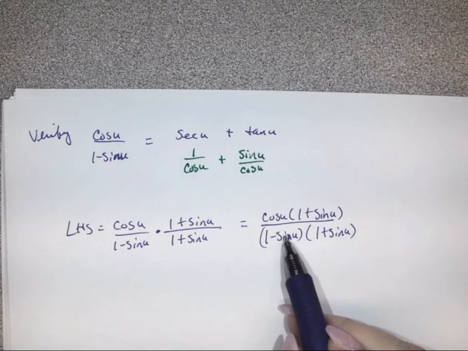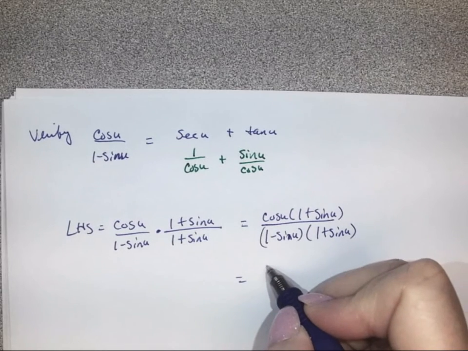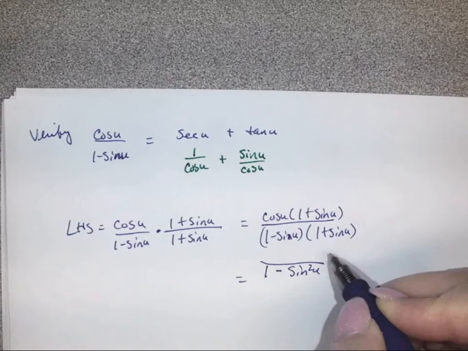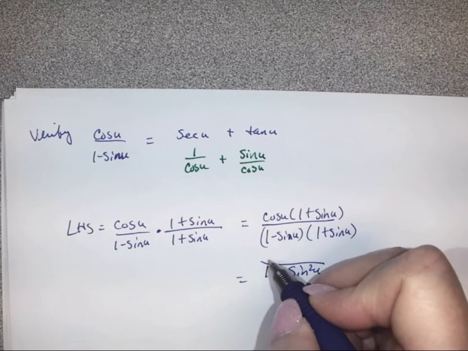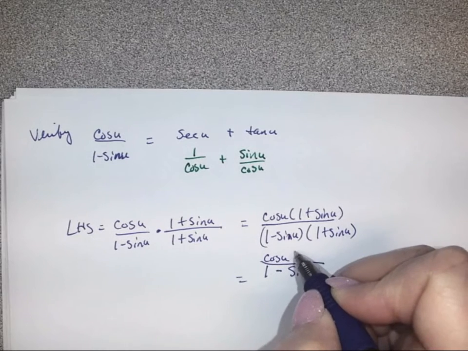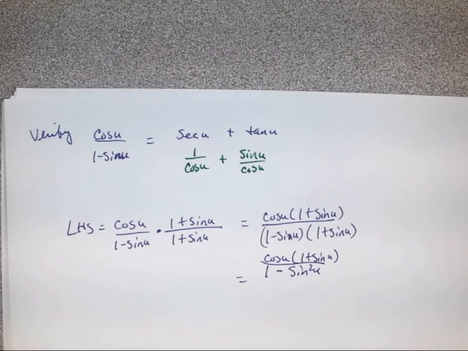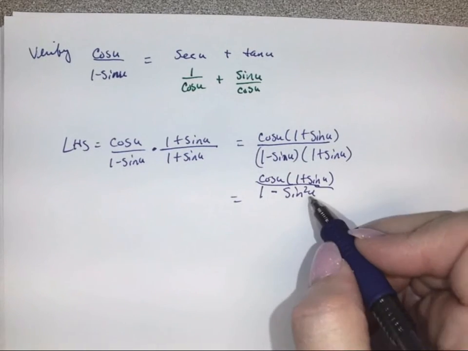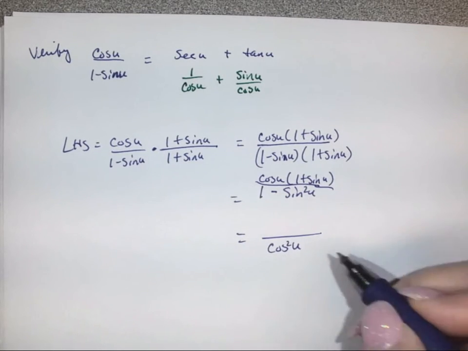Well, 1 minus sine u times 1 plus sine u is a difference of squares, so we have 1 minus sine squared u on our bottom, and on the top, we're going to leave the top by itself. So we'll have cosine u times 1 plus sine u still on our top. All right, 1 minus sine squared u will get us cosine squared u on the bottom.